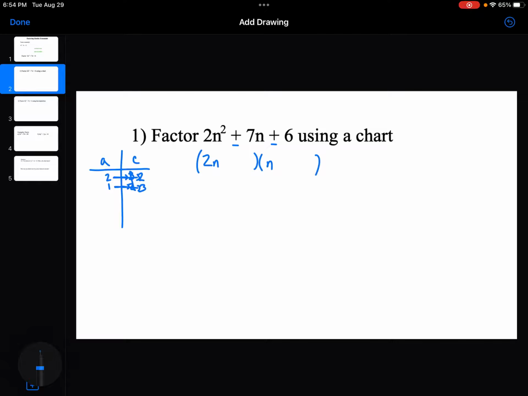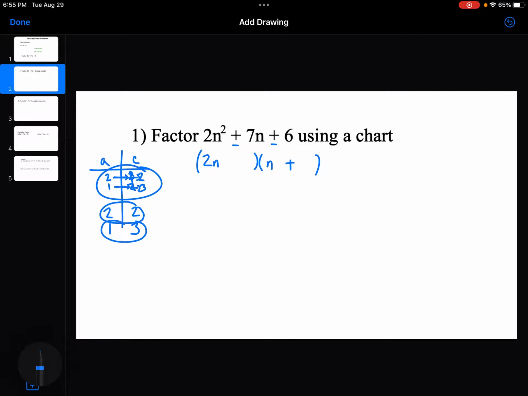Well, if we look at what we have here, I'm going to rewrite what I've kind of discovered right here. I had 2 and 2 and 1 and 3. What I need to do is have 2 and 2 multiplying together, and I need to have 1 and 3 multiplying together. The only way for them to multiply together is if they're in opposite brackets.